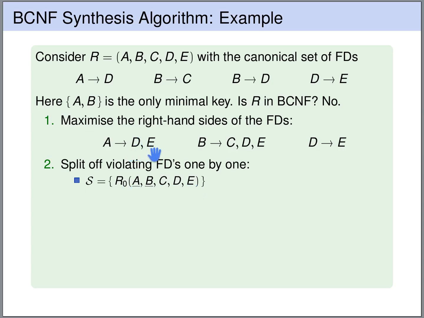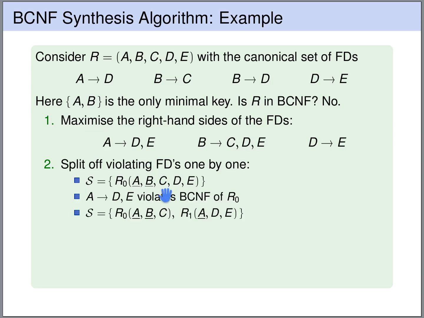We remove D and E. So removing from this relation D and E gives us ABC. This is this relation, and the new relation that we've added is ADE, that is this relation. In the new relation, A is the key.